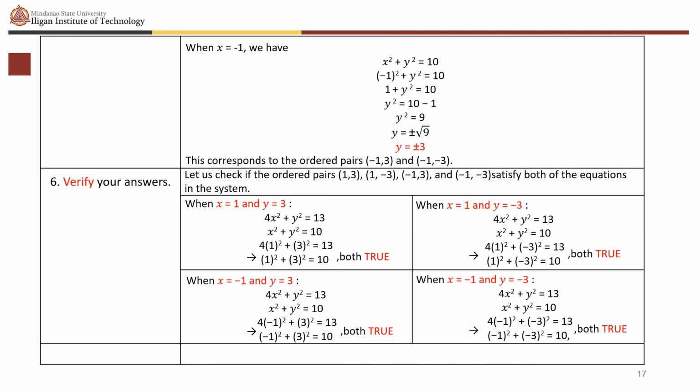Now for the graphical solution, take a look at the following to show that the ordered pairs (1, 3), (1, -3), and (-1, 3) are solutions to the system.